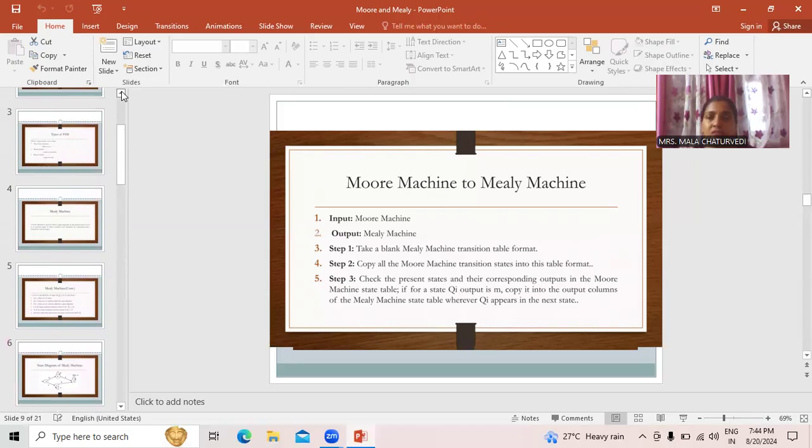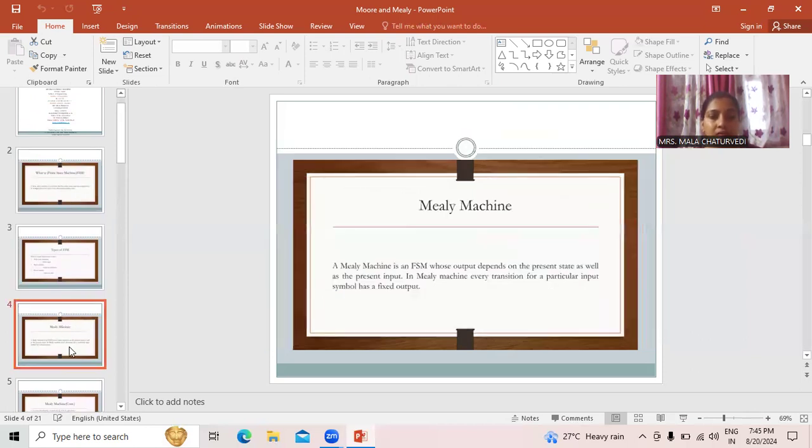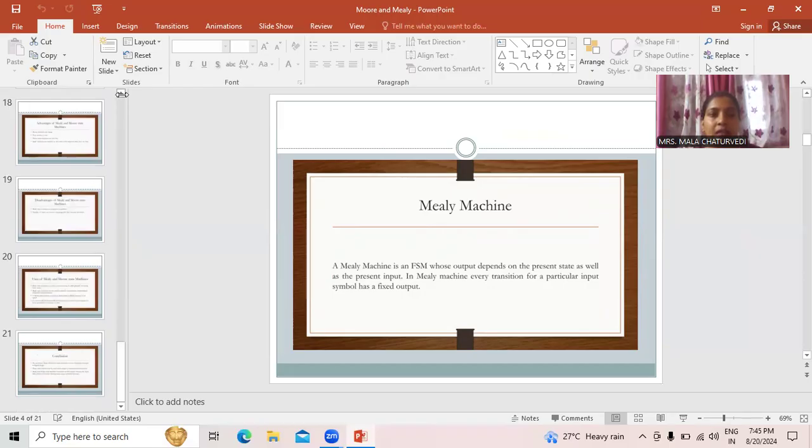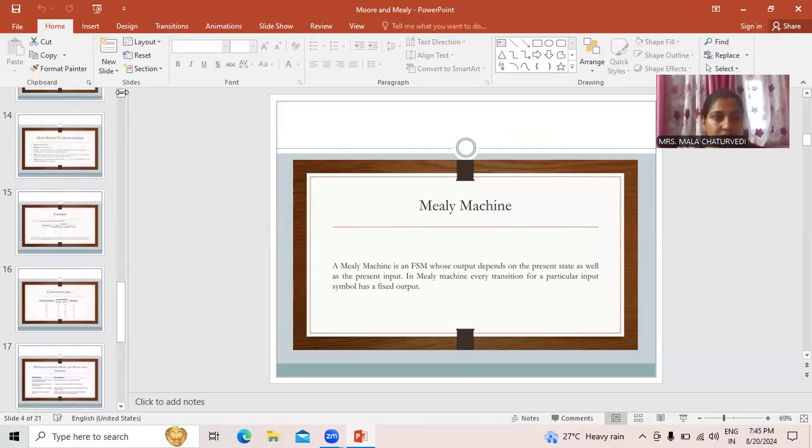A Mealy machine also has 6 tuples, which are Q, sigma, delta, lambda, Q naught, and the transition function. But the basic difference is all about lambda, which is the output function, and which maps Q, a set of states, cross sigma, the input alphabets, and gives output alphabets.